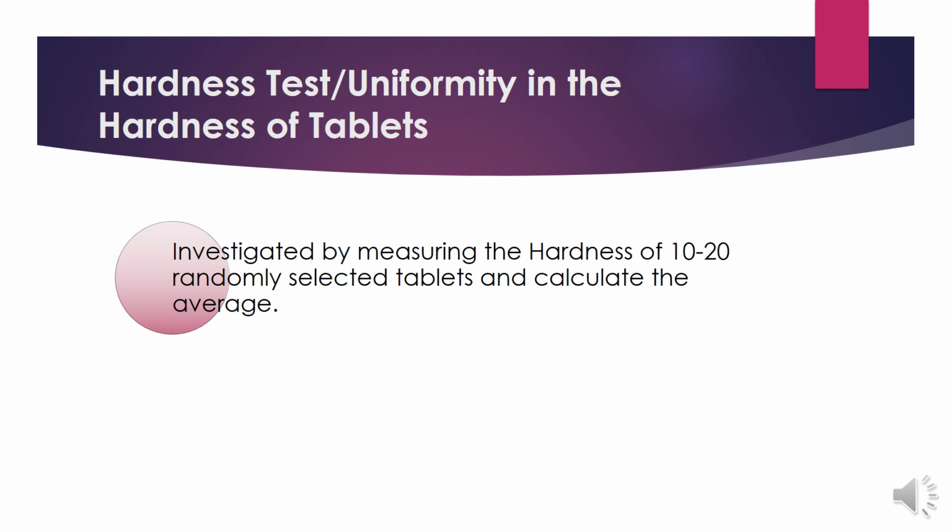Again, you have to take 10 or 20 depending upon the instructions provided by the master formula. You take the sample, measure the hardness of each tablet, and then calculate the average. Whatever result is measured in the instrument is in the form of kgs.